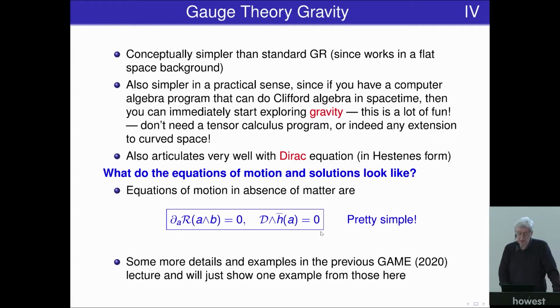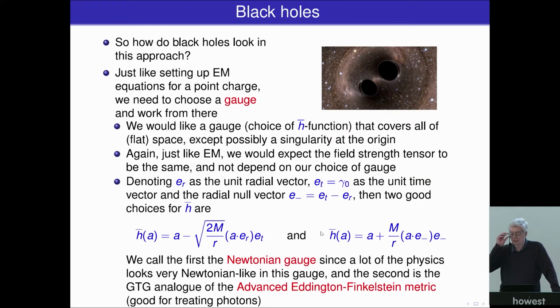Now, I'm going to give just one example of how things look in this, which is taken from the set of 3 that I looked at last time. Basically I just want to say, how do black holes look in this approach? It becomes exactly like you would do in electromagnetism when you're setting up equations for a point charge.